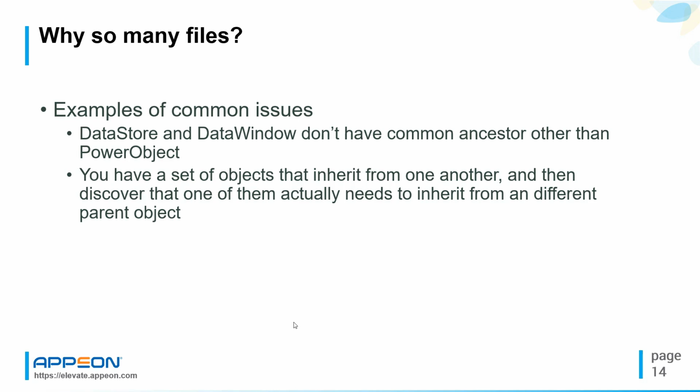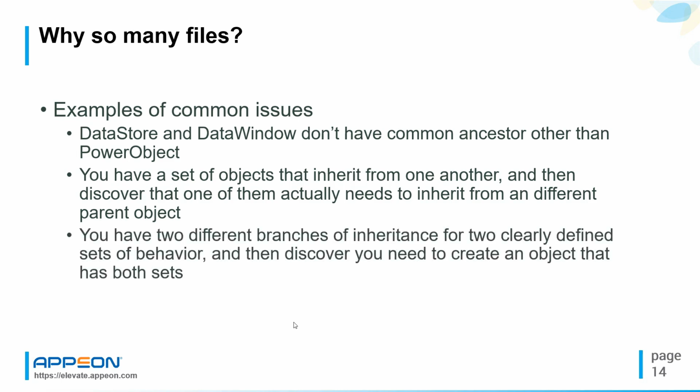And then you realized, B really should have inherited from C rather than A. Well, the problem is that's hard to correct in PowerBuilder. It means you have to basically open up the source code in a text editor, go through and find the references to A and change it to C. It's tedious and it's error prone. It's not something that's natively supported in PowerBuilder.